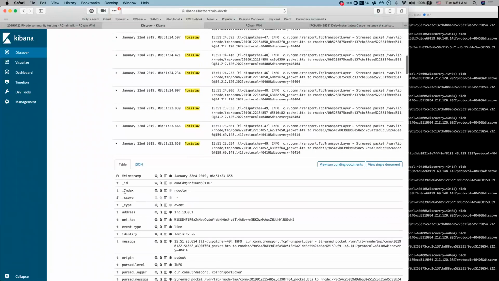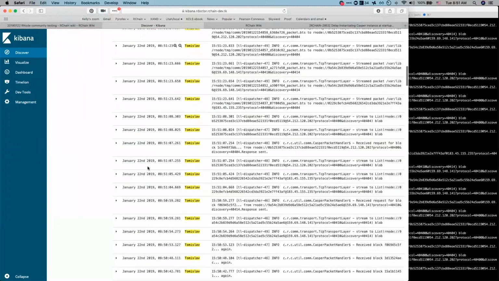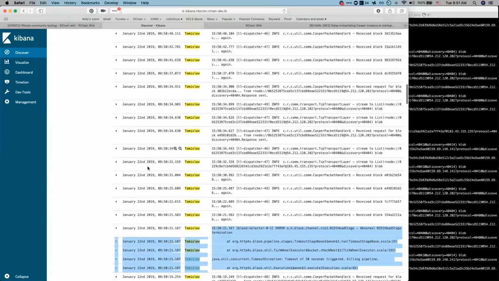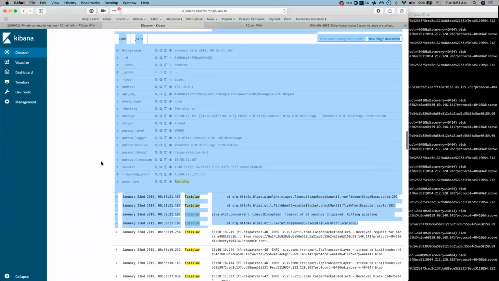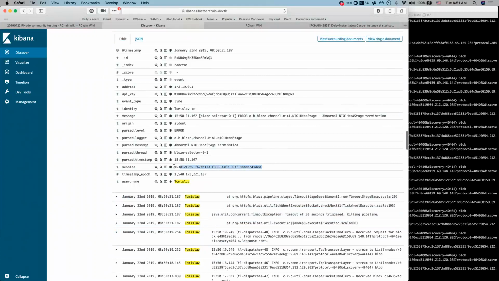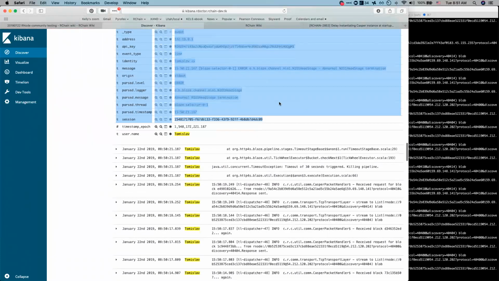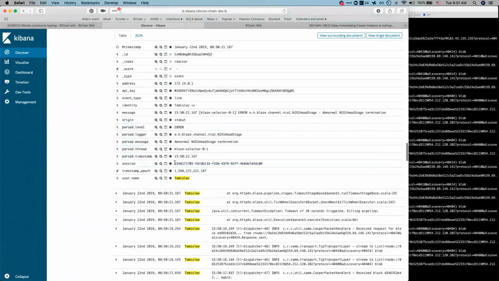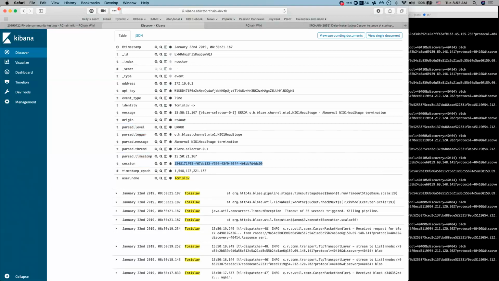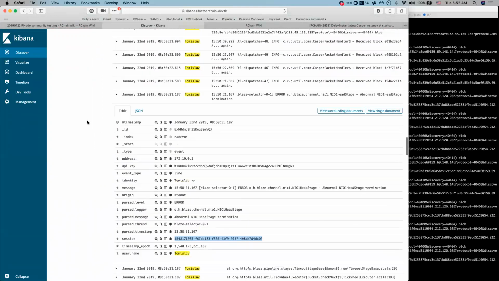It's so hard to find. It's like trying to catch a slippery eel. Okay, there we go. Abnormal head stage. I've never seen that one before. Seems that our doctor got the WebSocket error, but then he reconnected.